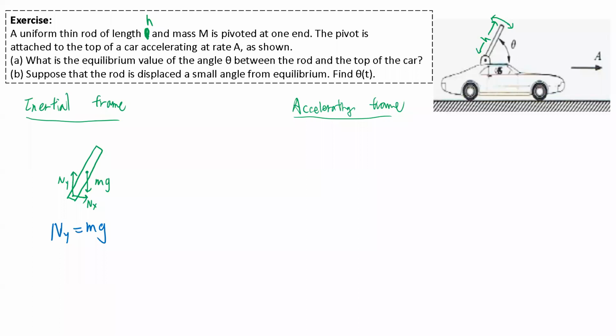Okay, so now for the horizontal direction. We know that the whole thing is accelerating, has a linear acceleration of A, right? So that means the horizontal force, which is just Nx, has to be equal to ma.